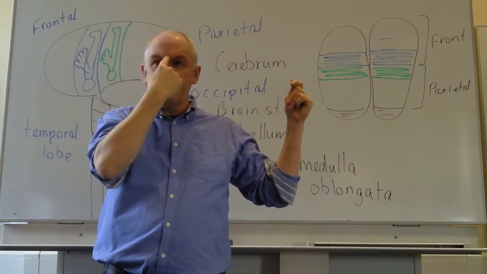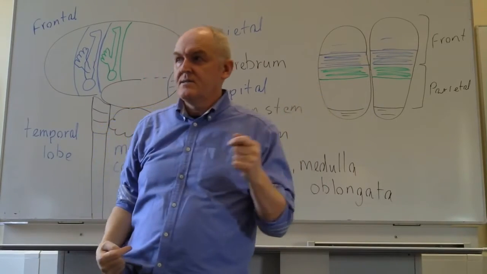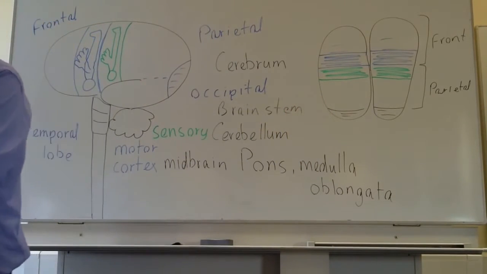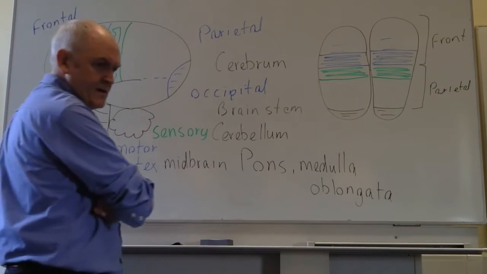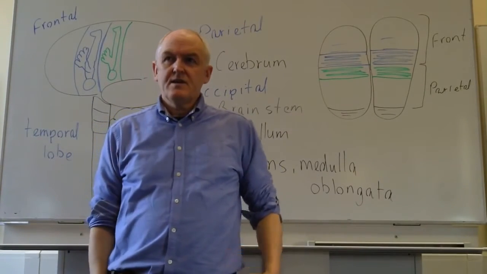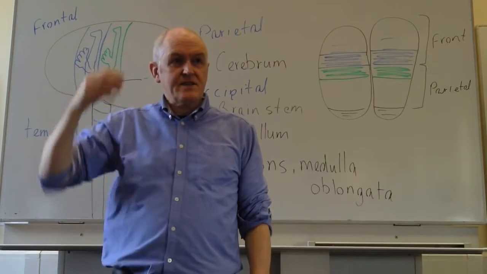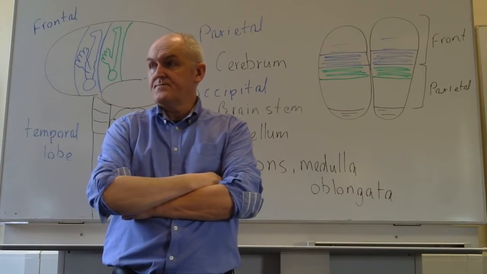And you can draw a line pretty well exactly down the middle. It follows a very accurate line down the middle. And everything you're feeling on the left, from the left side of your body, you're actually feeling in your right sensory cortex. Strange, isn't it?